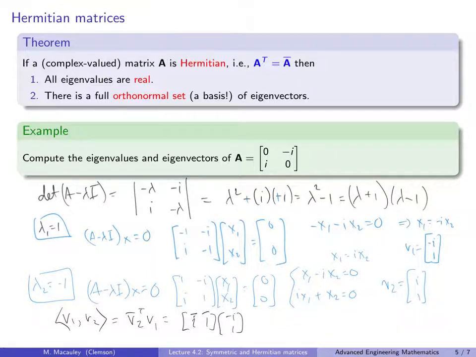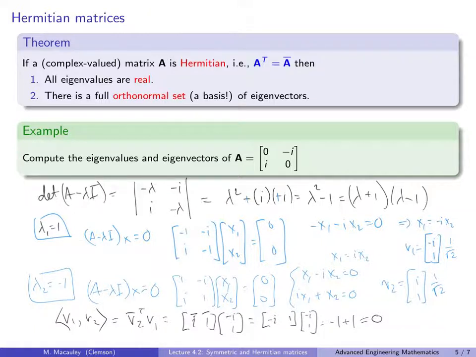Remember that i bar is negative i, so we have negative i, 1, times negative i, 1. If we do this, we get i squared, which is negative 1, plus 1 equals 0. So this indeed passes the test. These eigenvectors are orthogonal. They're not orthonormal, but you can normalize them. Just multiply each by 1 over root 2, and then they become orthonormal.